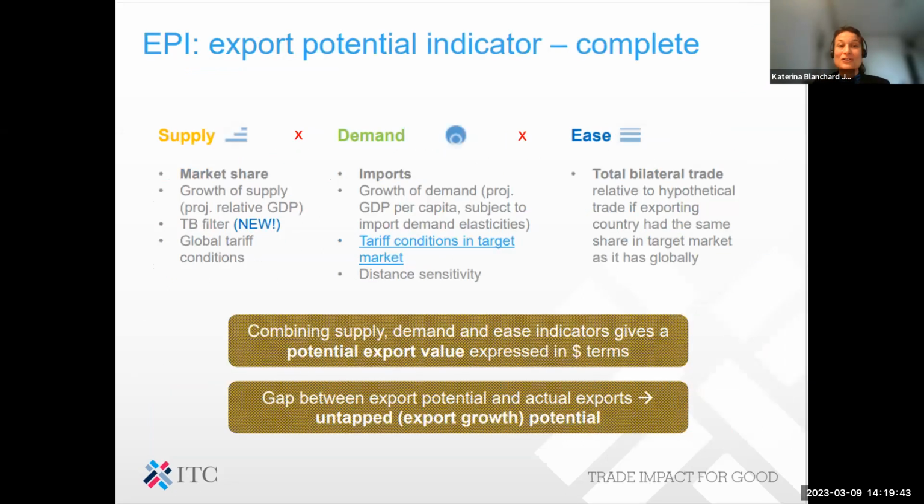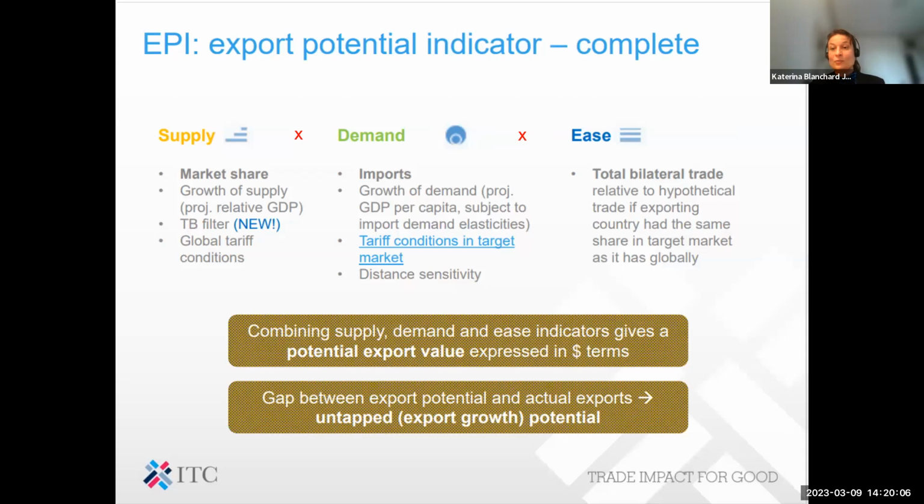Unfortunately, given the short time, we don't have time to analyze the calculations of the export potential index in detail, but please let me bring forward one thing. The export potential, as calculated in our model, is a combination of a supply indicator, a demand indicator, and the ease of trade indicator.